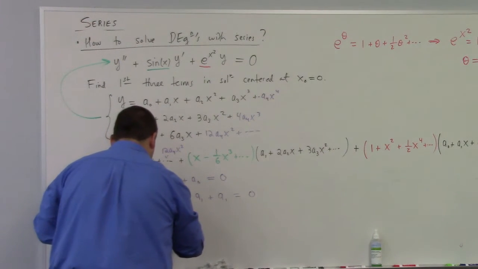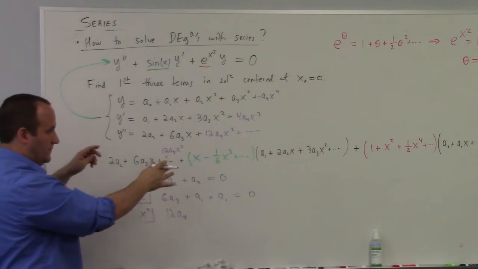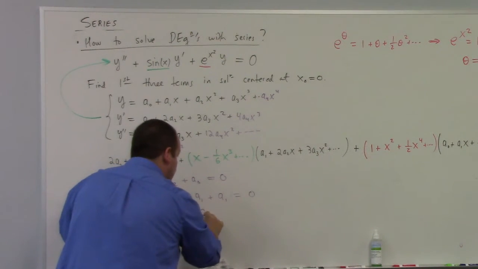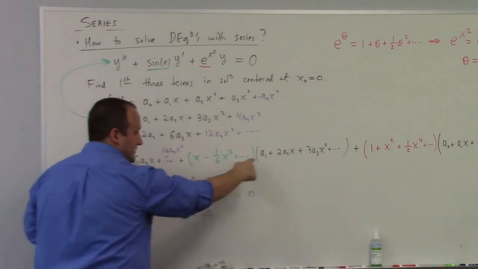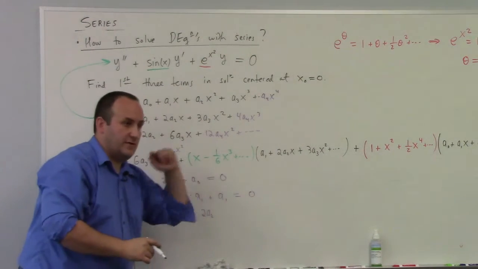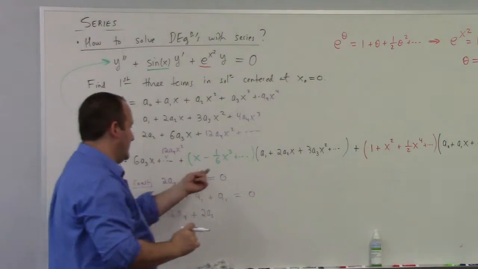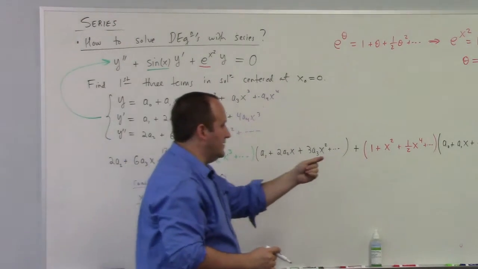So I'd have 12 a4. Where else do I have x squared? Plus what? Plus 2a2 from this times that, right? And that's it. Because the cube doesn't give you an x squared, right? It's not magic. It's stuck with 3 or higher.